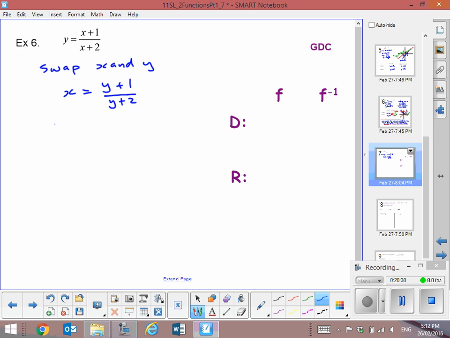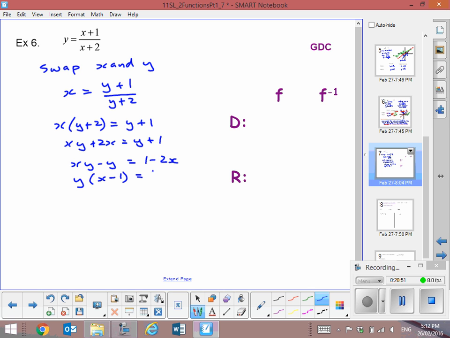Multiply both sides. Expand. Y is on one side. Factorize. Divide.